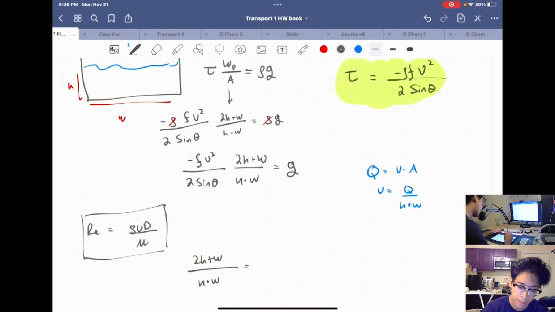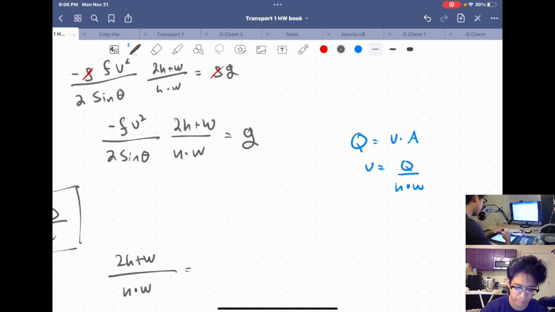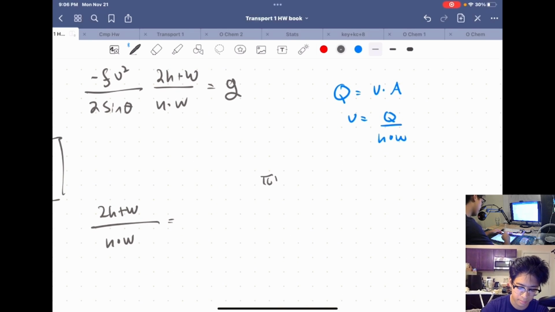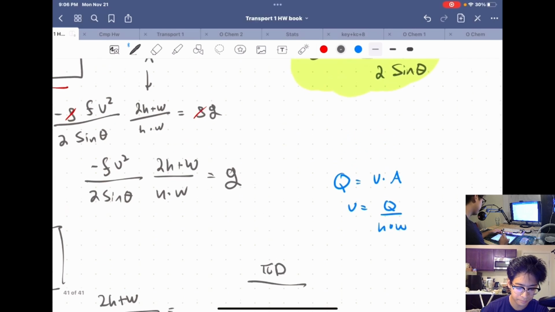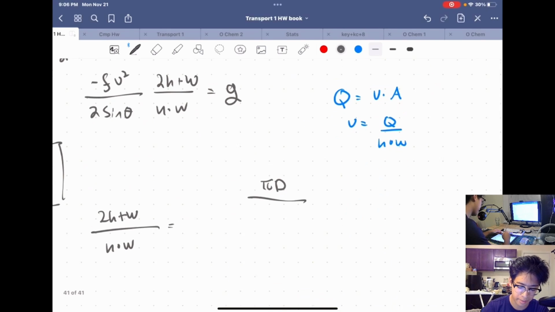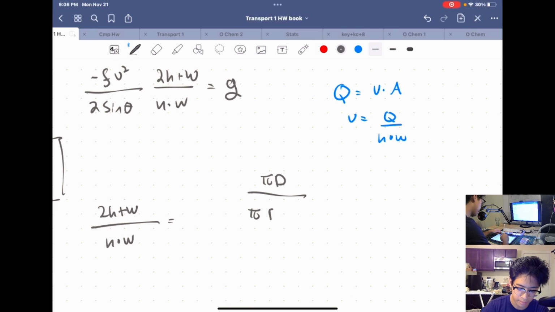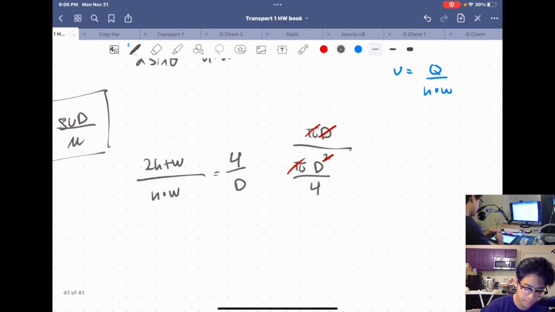Off to the side, the wetted perimeter is pi d over the area, which is pi d squared over 4. So cancel, cancel, and taking the reciprocal, we have 4 over d. In other words, d equals 4 times h times w over twice the quantity h plus w.